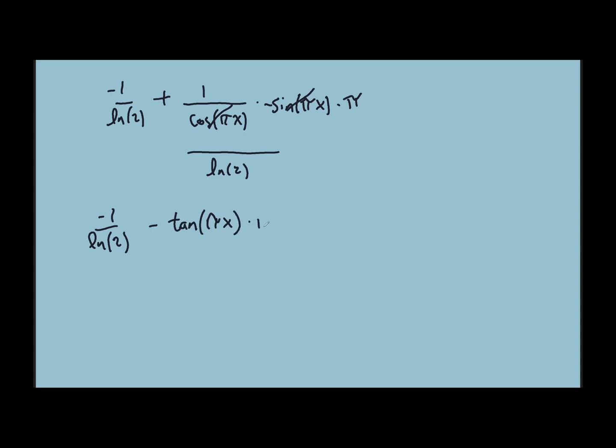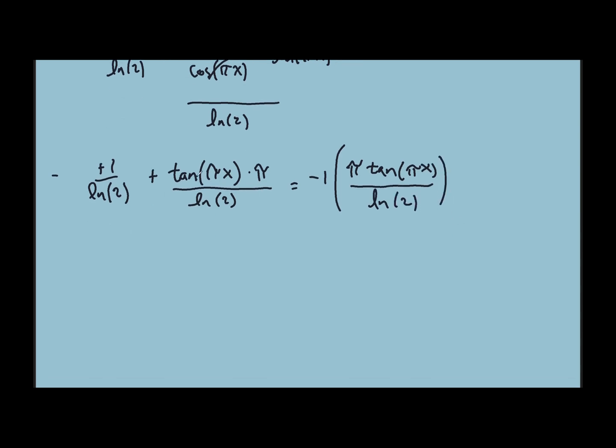So we have a times pi over here, and all of this is going to be over ln of 2. So if I take a minus 1 out, this would become a plus here. So we're going to get minus 1 pi tangent pi x over the natural log of 2.